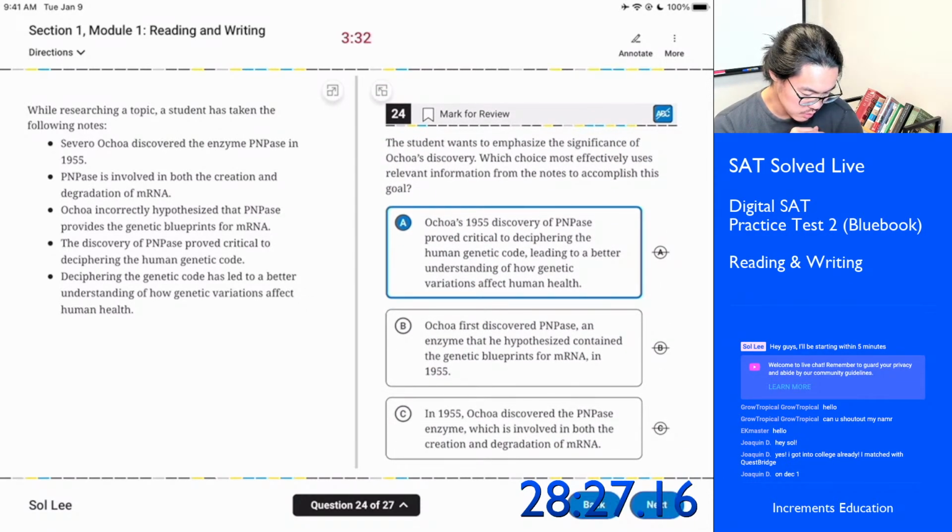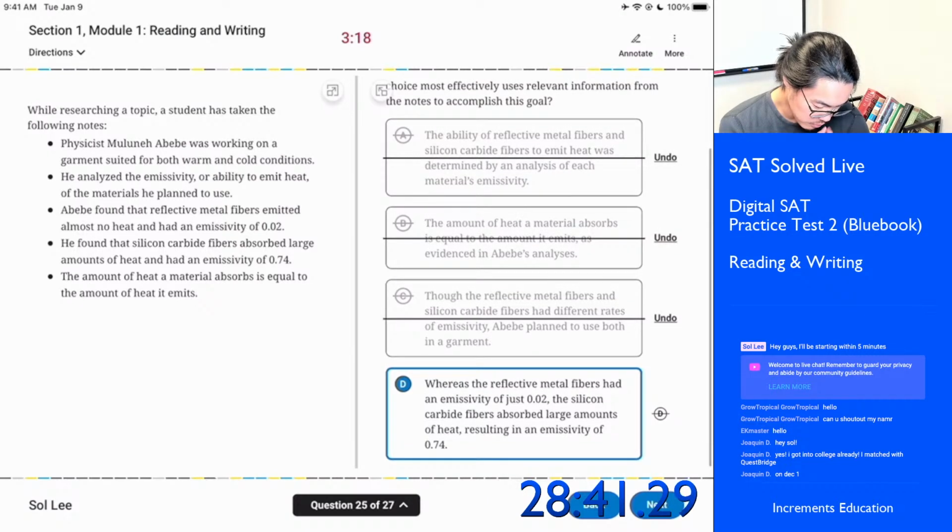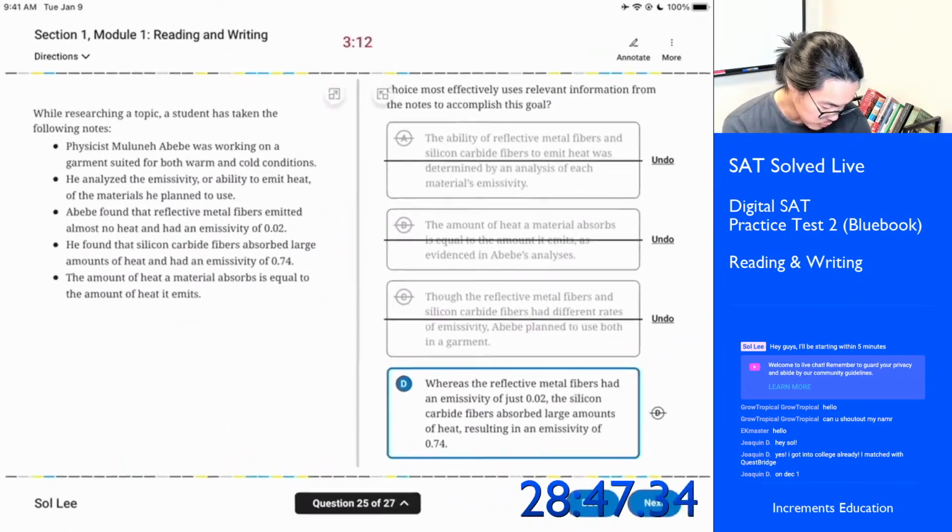Ochoa's discovery proved critical to deciphering the genetic code. That's significance, right? Duh. And genetic variation, sure. Contrast the emissivity with a silicone. Yeah, I mean, that's pretty straightforward. One has 0. Yeah. And I can just double check this over here.